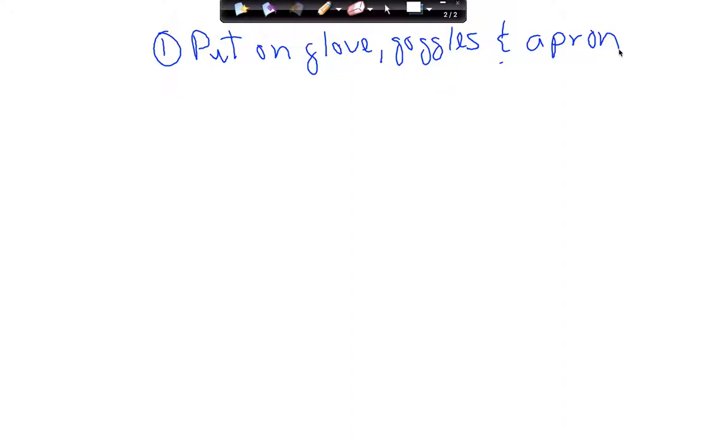Ironic part is you guys have been doing labs with me for what now, a year and a half, and we've never seen gloves or aprons, but you get the idea.